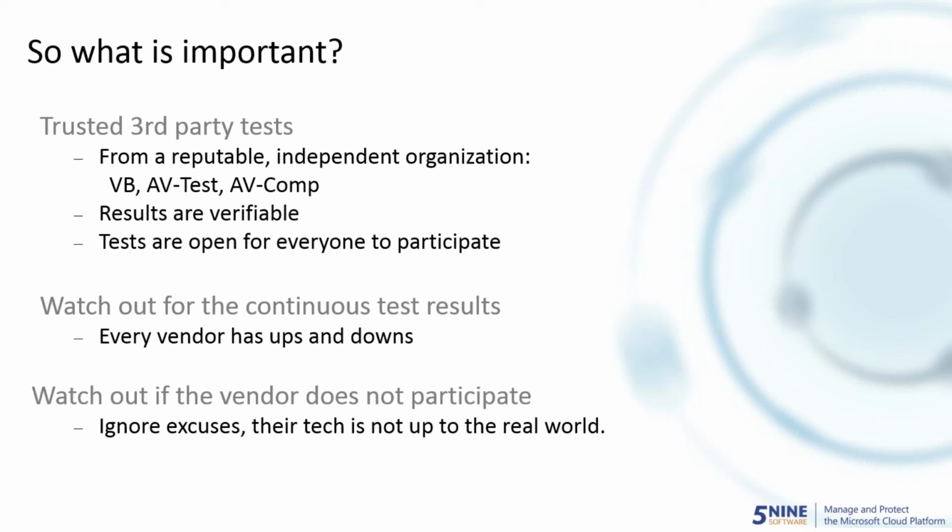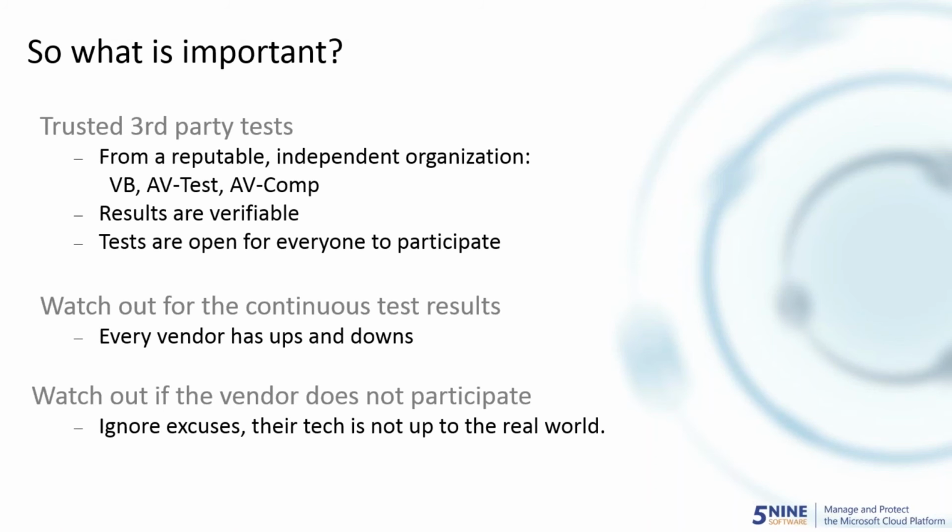So what you're looking for here is a continuous result which does not have major spikes and major drops. And of course, the company should participate in tests for as long as possible. If the company only participates in a test once and got a good result, and it was 5 years ago, then you can only be sure that their product was good at that moment 5 years ago. It says nothing about the existing product.